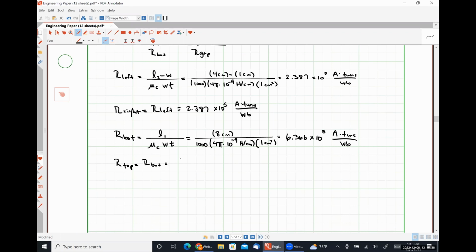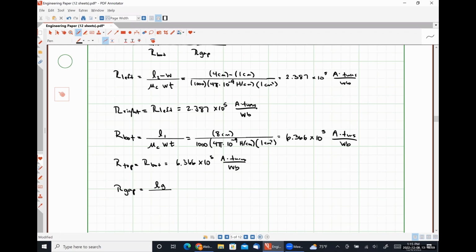And now we come to, let me write this down, 6.366 times 10 to the 5 amp turns per Weber. And now we come to our gap. So we're going to use our same generic equation for calculating the reluctance, the length the flux travels, which in this case is going to be Lg, divided by the permeability.